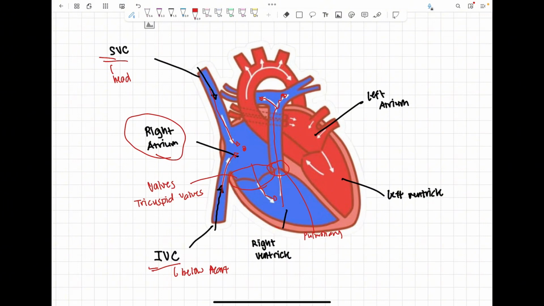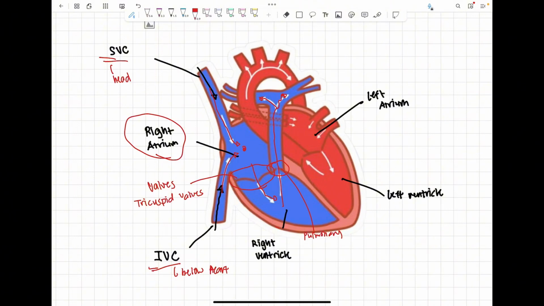So your heart, your blood, before it goes to other areas of your body, to your other organs, passes through the lungs.